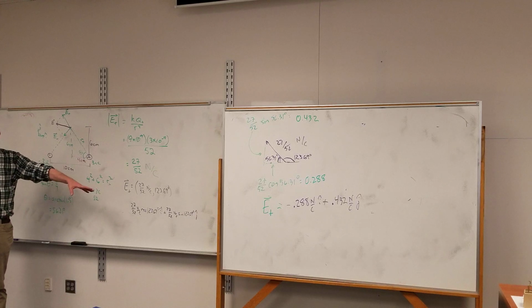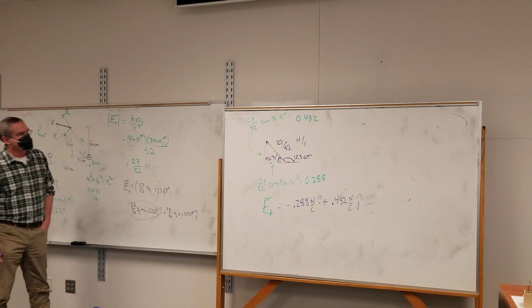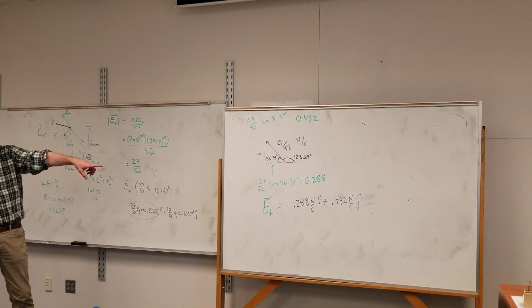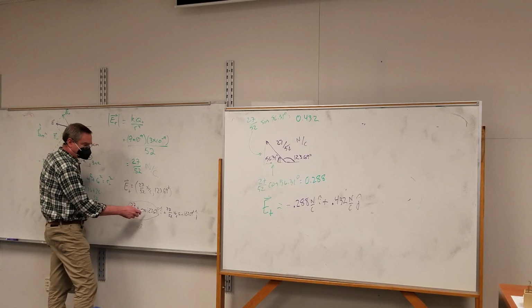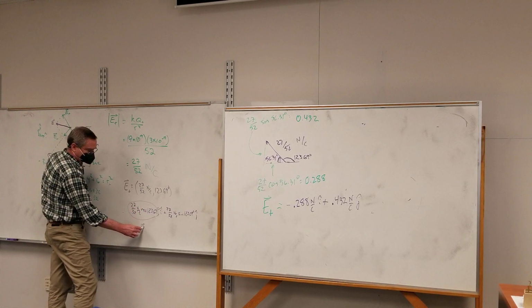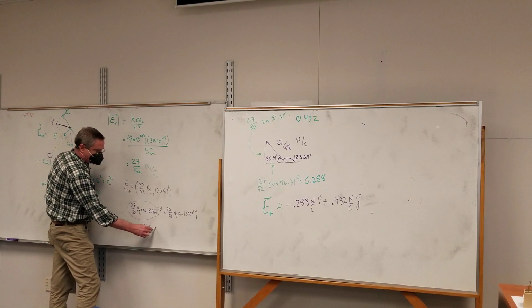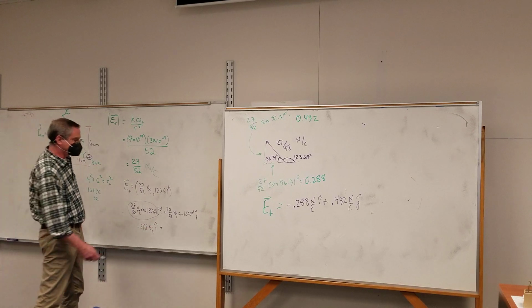Now, don't leave it in that form, but if you multiply all this together, you'll get negative 0.288, unless there's an error somewhere. Negative 0.288, this is a negative number here. And then the other one should be 0.432.